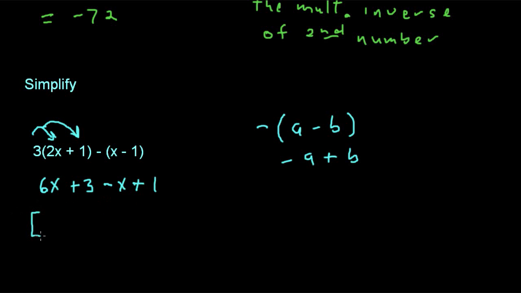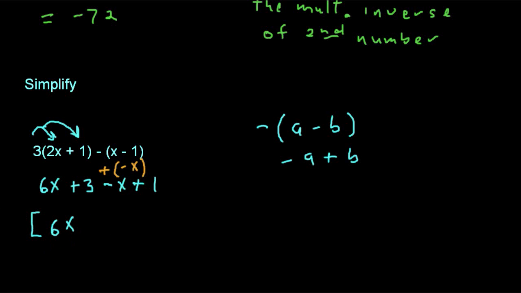Next, we will group like terms together, and so let's group the terms that have the variable x in it. That would be 6x, and then we have subtract x, and we can change that if we like to add a negative x. So subtract x means the same thing as plus a negative x, and we'll write that in our grouping symbol.